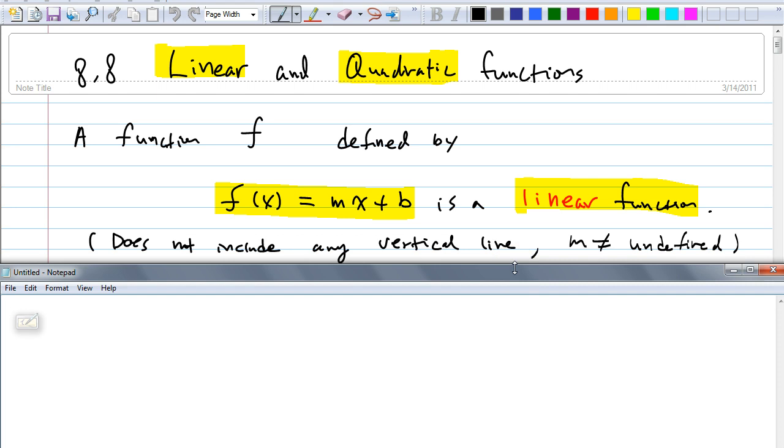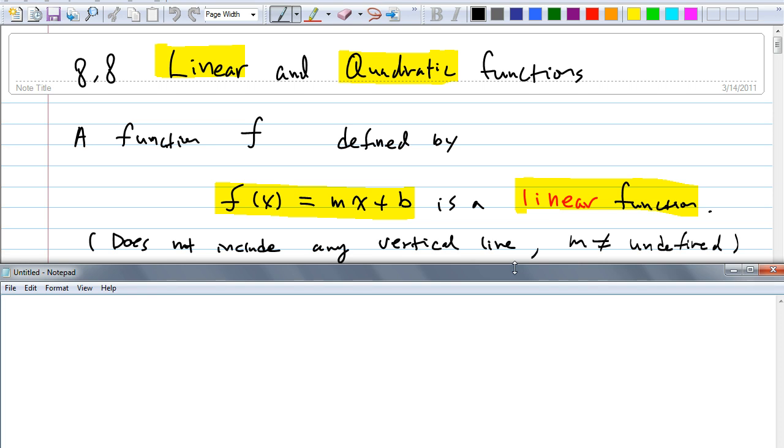And of course, m has to be a defined number, because if m is undefined, then you get a vertical line. So it does not include any vertical line, because we want m to be a defined number, any real number.